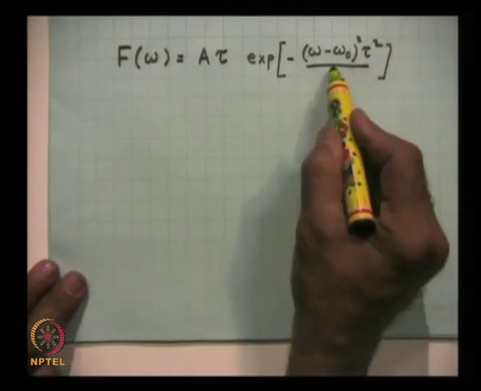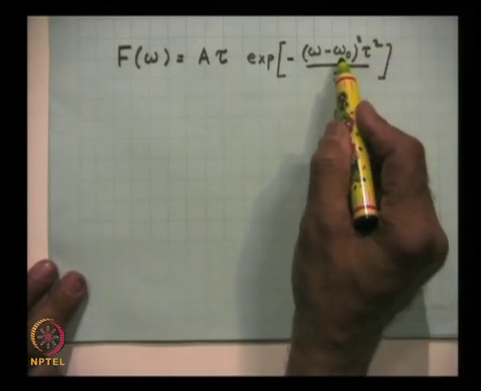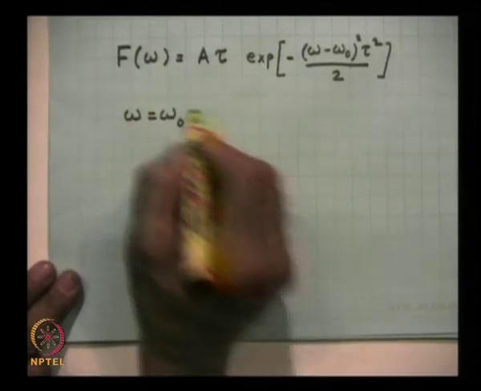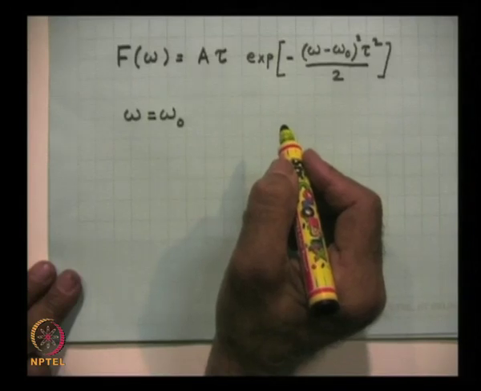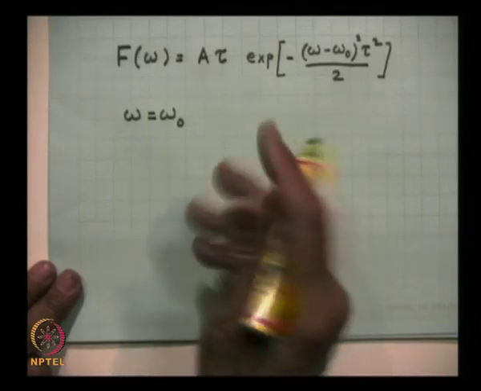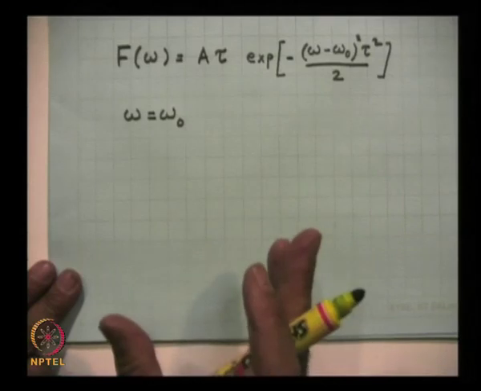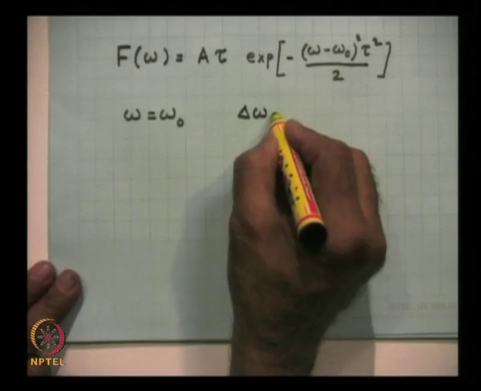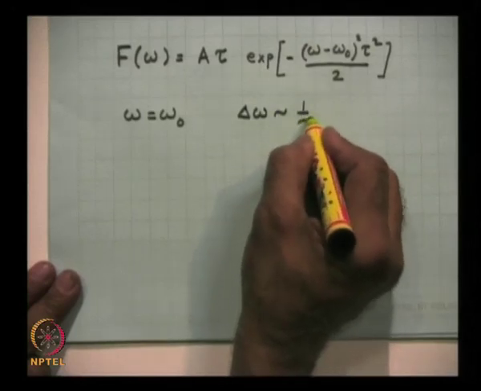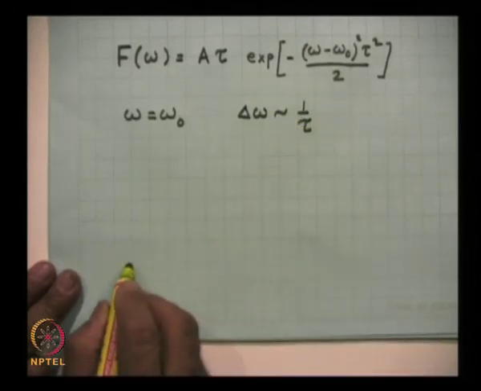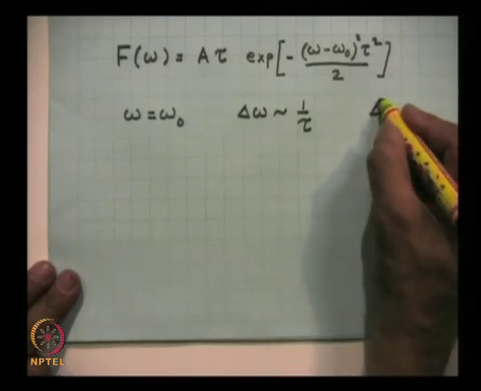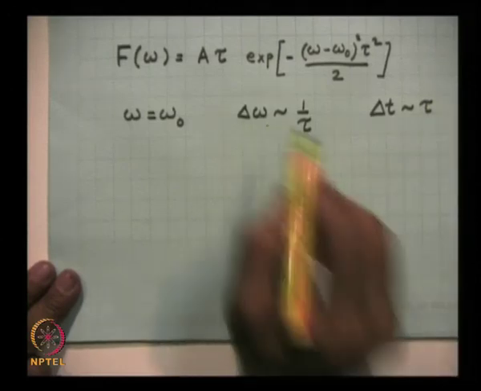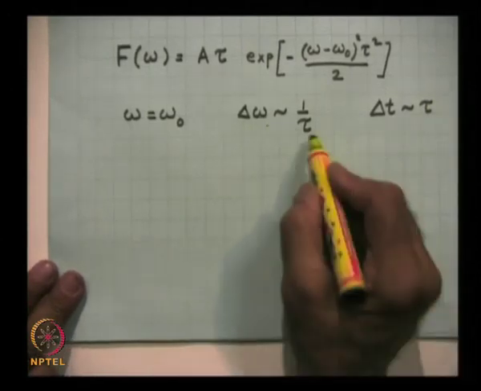So, this function is peaked around omega equal to omega 0, and it falls by a factor of 2 when the frequency spread is of the order of 1 over tau. So, the duration of the pulse is of the order of tau, and the frequency width of the pulse is of the order of 1 over tau.